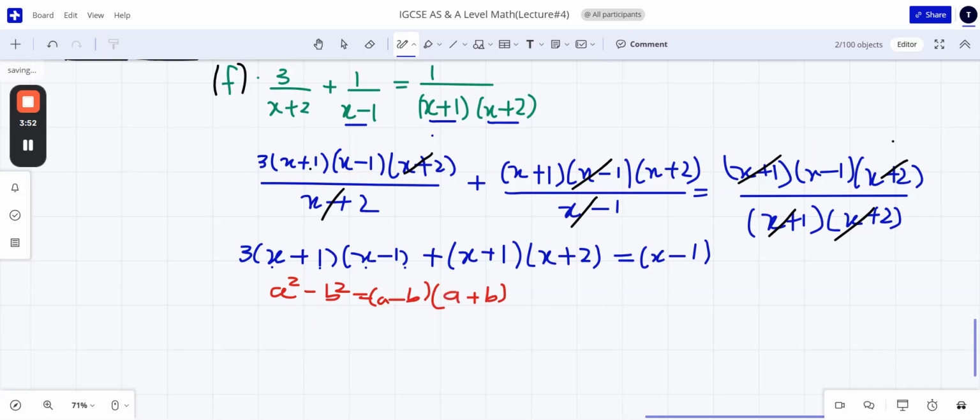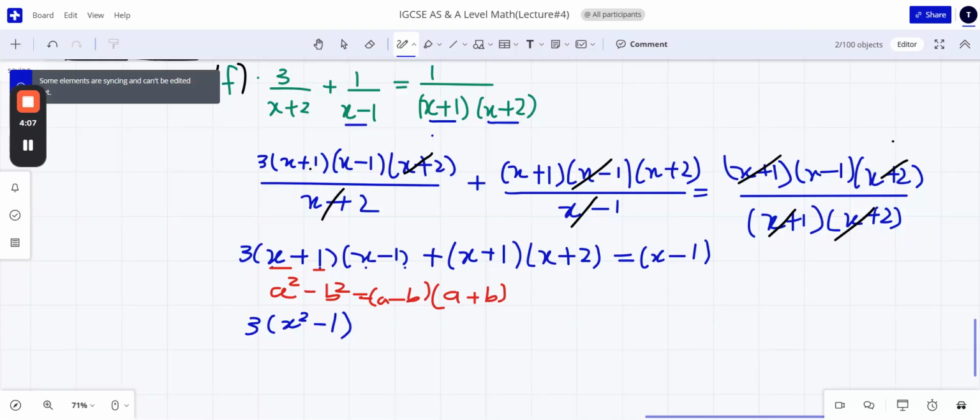Now the a value is x, b value is 1. So 3 we will bring down the same. Instead of a we will write here x square, and b means 1 square would be 1.